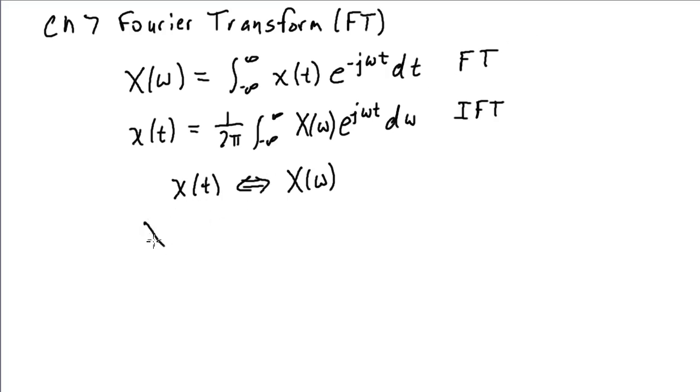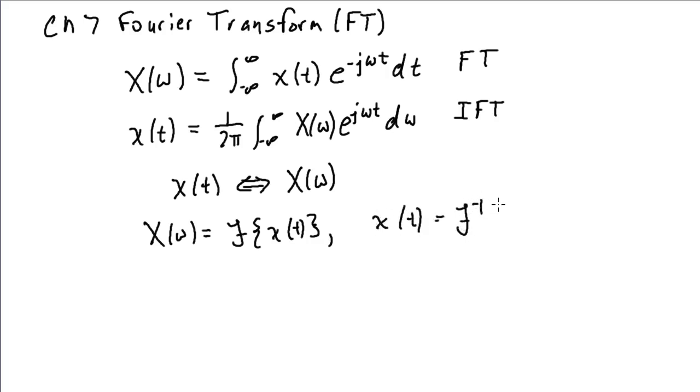You might see X of omega written as script F of x of t, or you might see x of t written as script F to the minus 1 of X of omega, to remind you of the inverse. X of omega may also be called the spectrum of x of t.